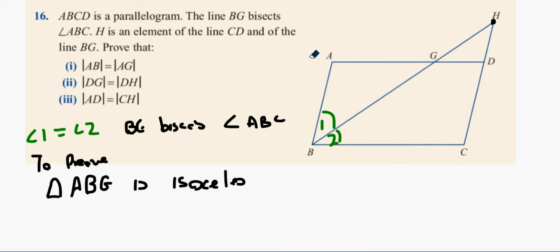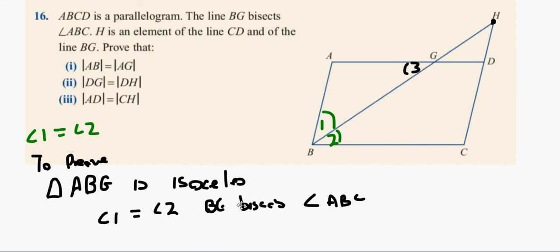Okay, so here's what we're going to do. We call this angle 3. Okay, so we got angle 1 equals angle 2. We already had the reason why for that: BG bisects ABC.